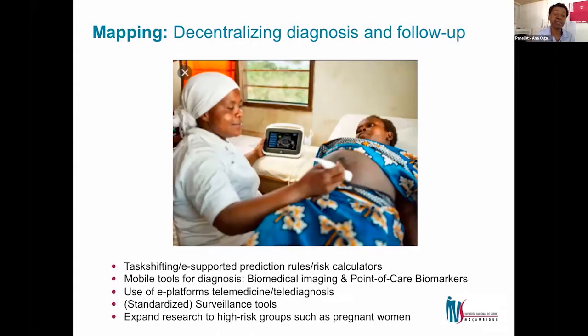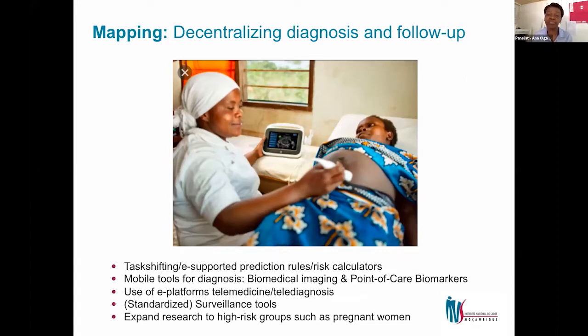Secondly, I would suggest mapping, one of our 5 M's, because information is crucial here for policymaking, but also to improve care. And for our endemic areas in Africa, another area that is very important is decentralization.